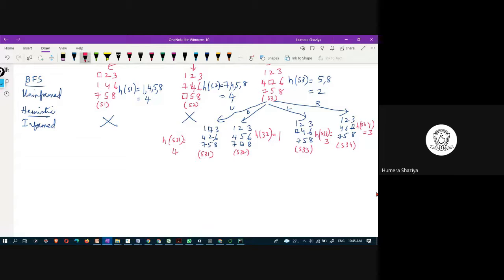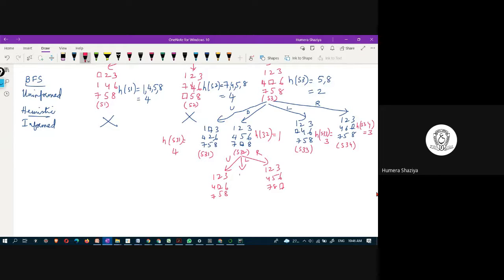Therefore, what we have to do? We have to explore this. To explore this, we have three operators: up, left, right. If you move right, 1, 2, 3, 4, 5, 6, 7, 8, empty. Up means 1, 2, 3, 4, empty, 6, 7, 5, 8.